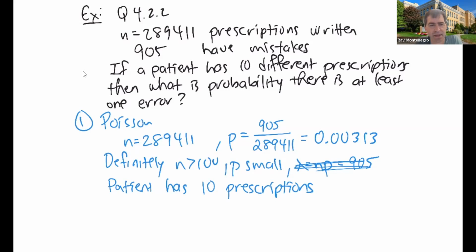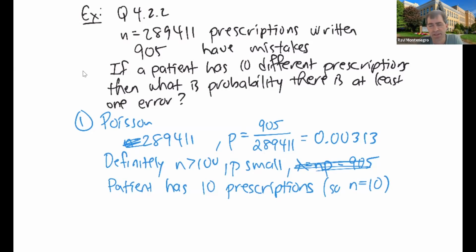It doesn't tell us that we're taking a sample size of 289,000. We're actually taking a sample of size 10, right, because the patient comes along with only 10 prescriptions. So the 289,000 was just used to calculate P, the probability of success.